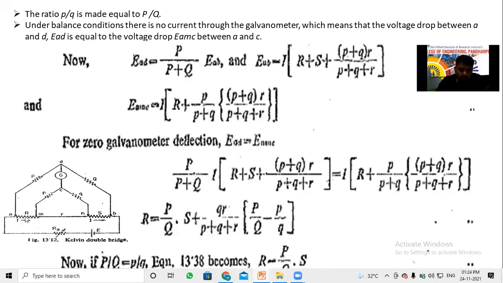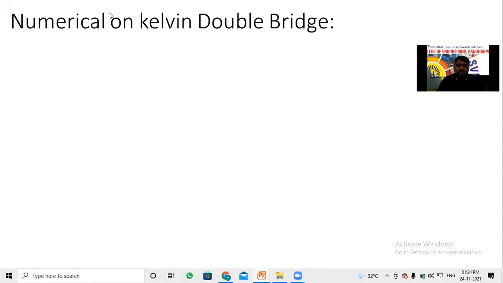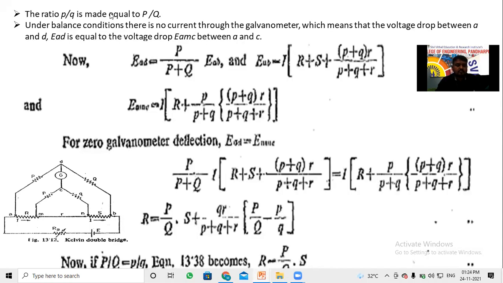EAB equal to, the current is flowing here now. V equal to IR, we know that one. I will multiply here, I will keep it as it is here now. See here, the circuit looks like this, I will draw the circuit also. You start from A point, where R is there.